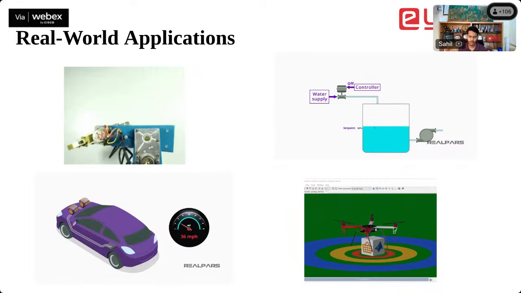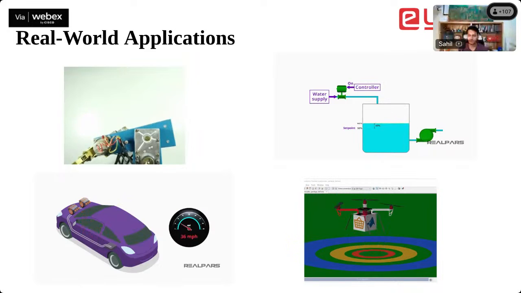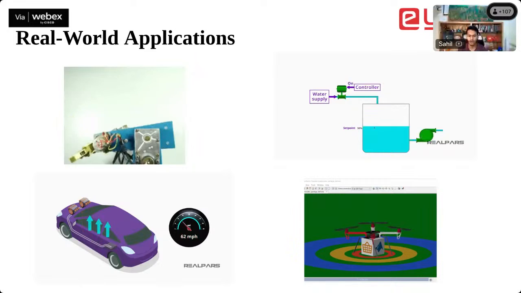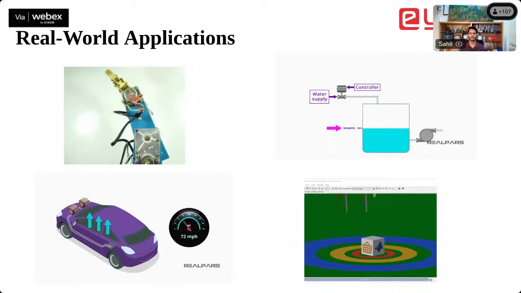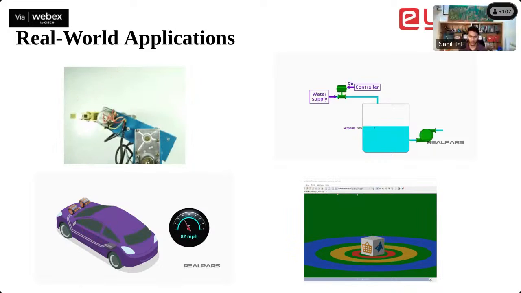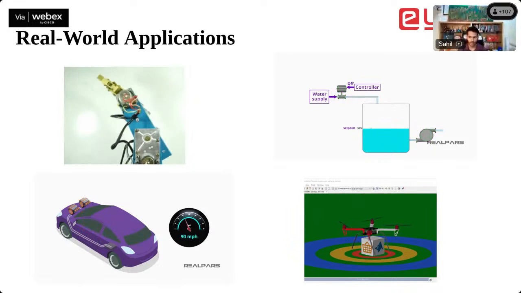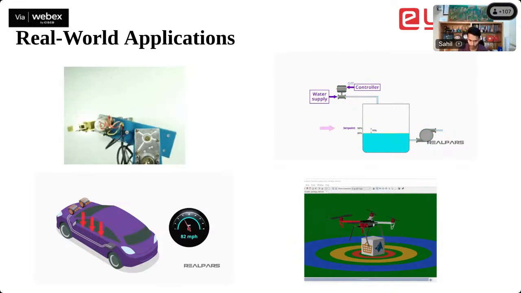Now let's talk about the I part, the integral term. It looks at how long the system has been wrong and adds up the error over time. But here's the problem. If your system is stuck or something is not responding, the integral term keeps growing and growing. Even when the error disappears, the term still pushes hard. This is called integral windup.